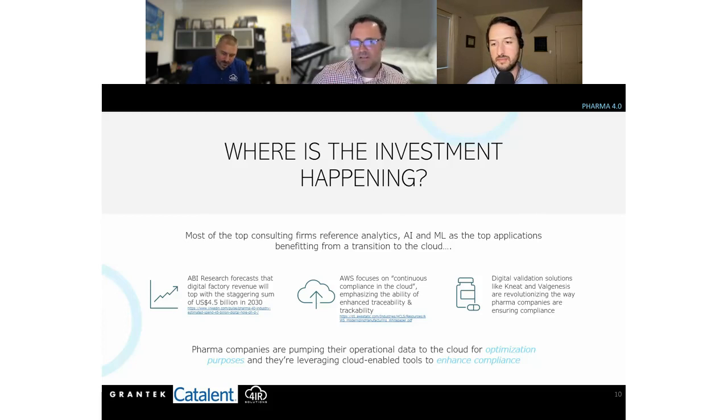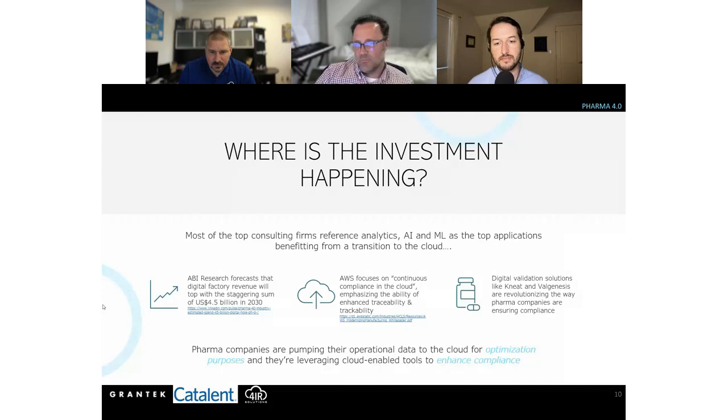The global tech market advisory firm ABI Research forecasts that overall digital factory revenue will top a staggering $4.5 billion US in 2030, with spending by pharma manufacturers on data analytics forecast to grow at a 27% compound annual growth rate, and estimated to be worth $1.2 billion in 2030 as manufacturers look to track, optimize their operations, and boost their productivity.